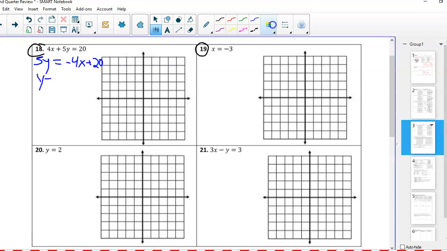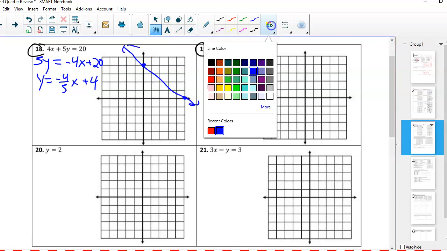So y equals -4/5 x plus 4. You could graph your y-intercept, then use your slope to graph another point. So here we would go down 4, 1, 2, 3, 4, and right 5. That was really perfect.